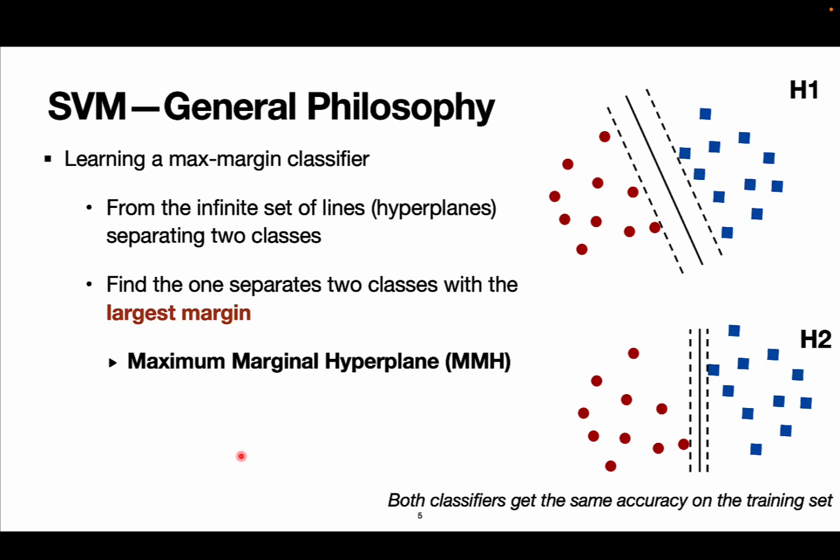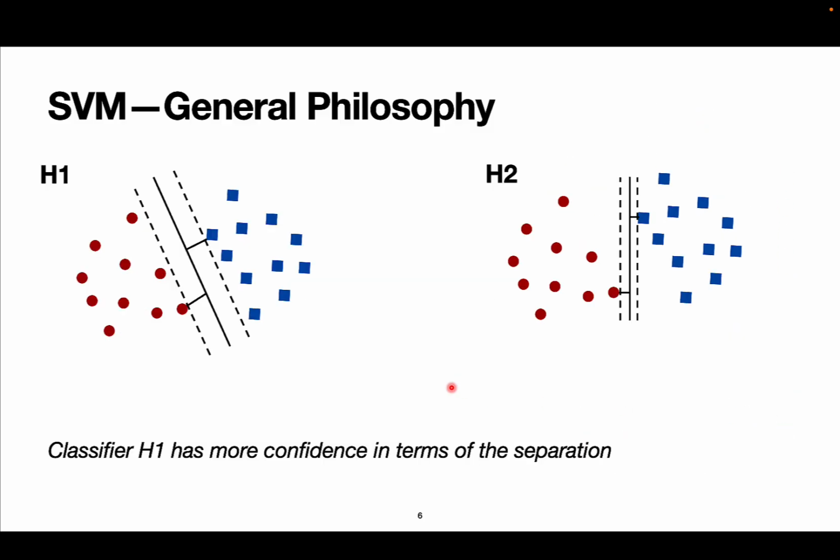The key idea behind support vector machines in a simple two-class classification problem is to find a linear separator for the data. In this example, we have the same data set with two separator lines, H1 and H2. The natural question is which line is doing a better job?